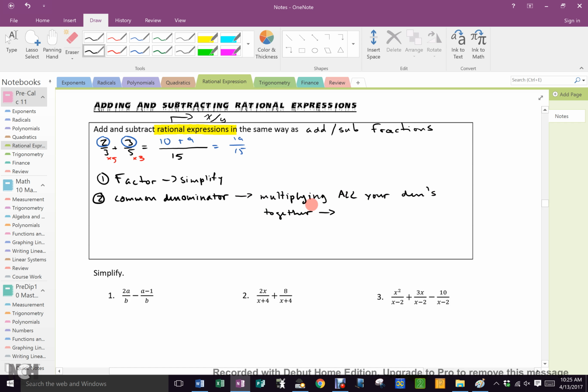Now I'm going to give you a big hint here, and I'm going to write it in red. Don't expand. And I'm going to highlight it even. And you're going to see what I mean in a minute. Then, once you have changed that denominator, you have to adjust your numerator, yes? Right? So what do you think we would do in a rational expression? The next thing is we adjust our numerators. How do we adjust numerators in a fraction?